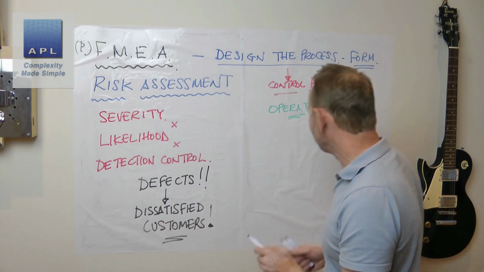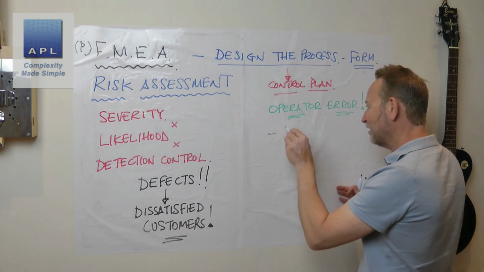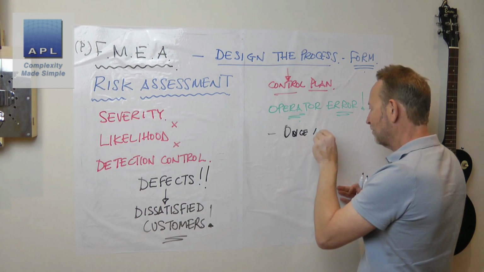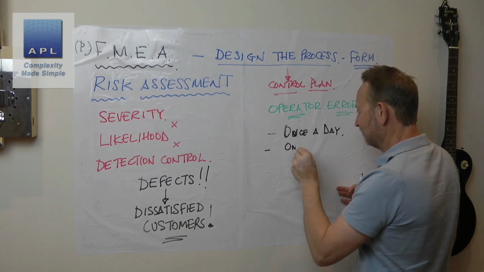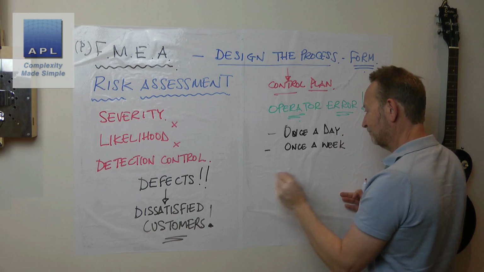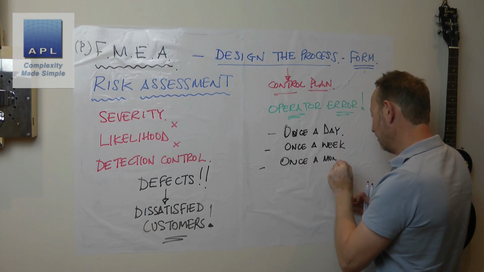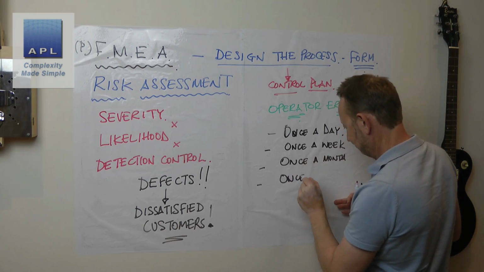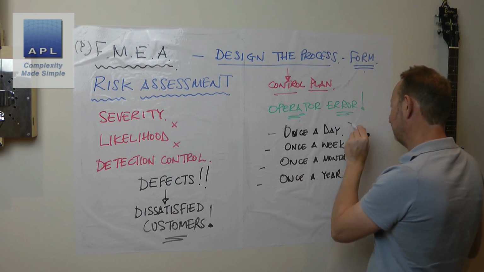So in Drink Tea and Read the Paper, the rule I use for how likely is it to happen, is it likely to happen once a day, once a week, once a month, once a year.